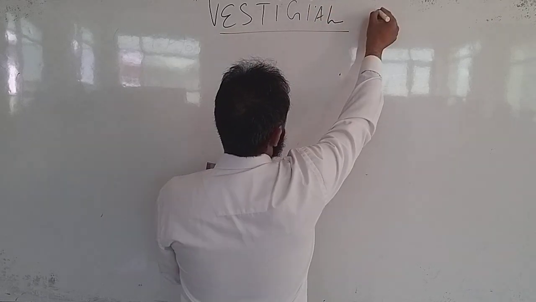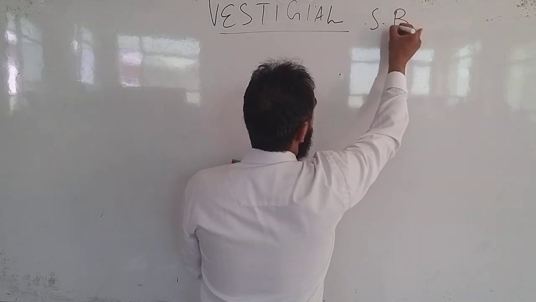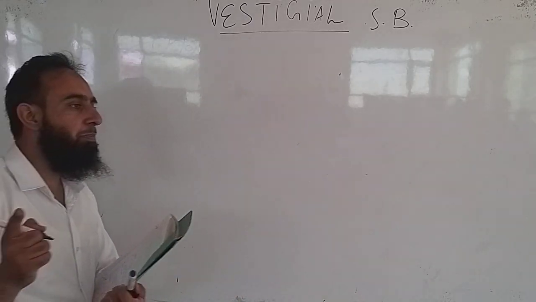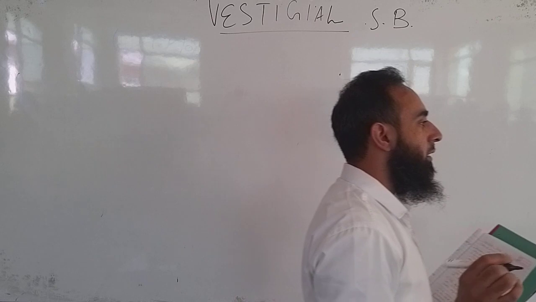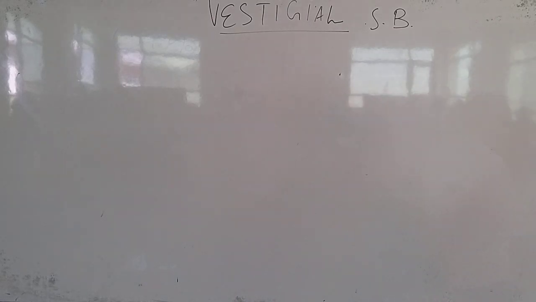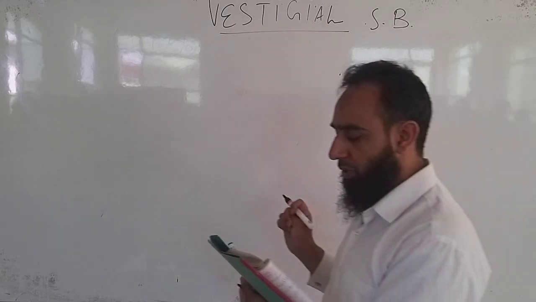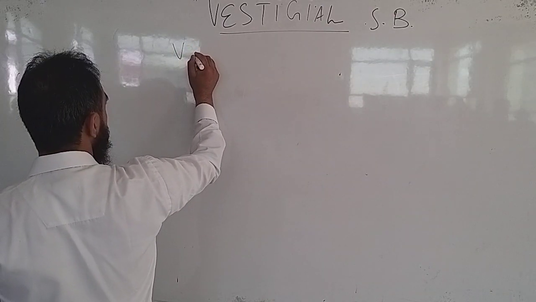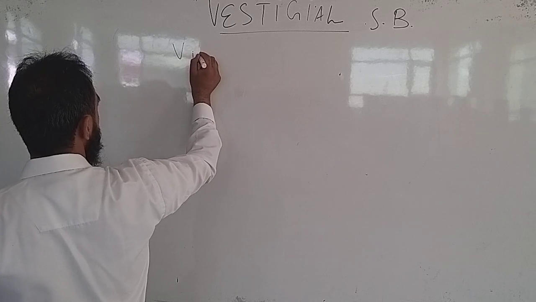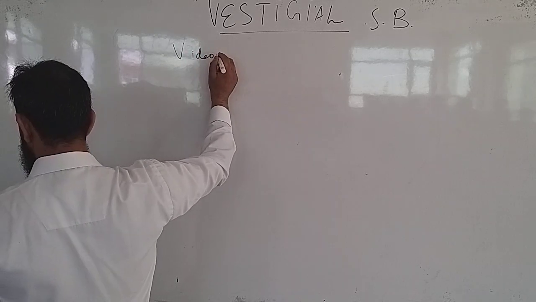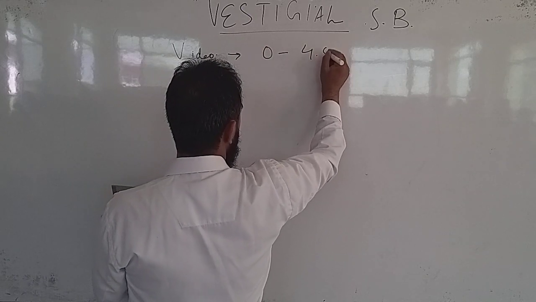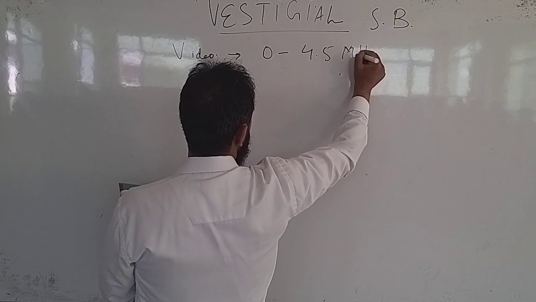Vestigial sideband modulation. It is preferred, write the first point in this: it is used for video signal transmission. Video signal transmission ranging from 0 to 4.5 megahertz.